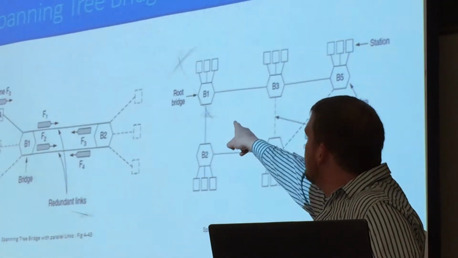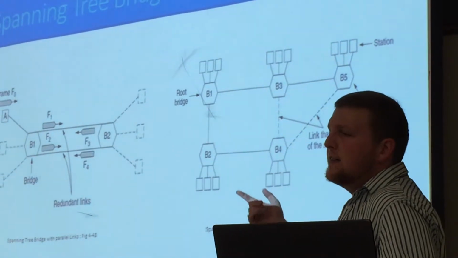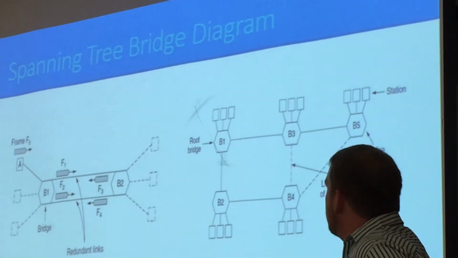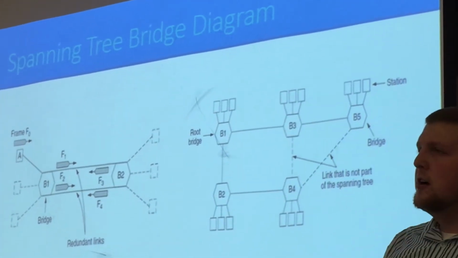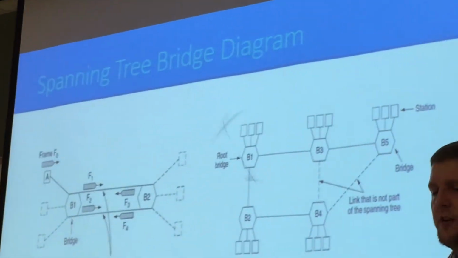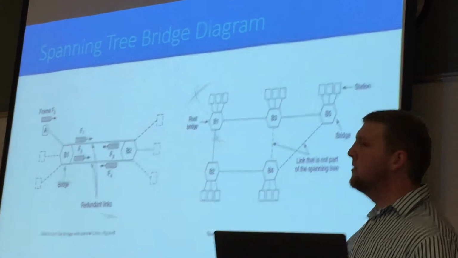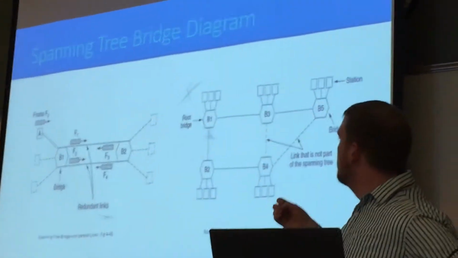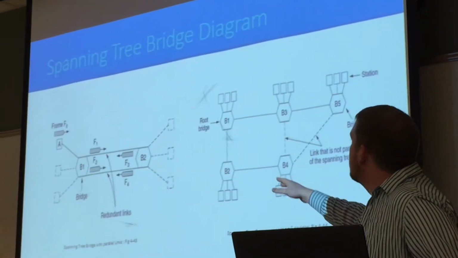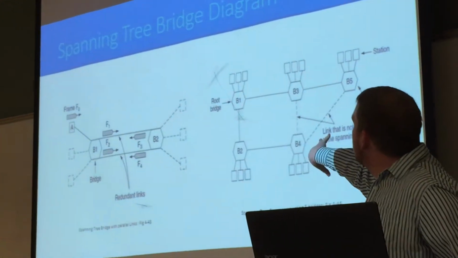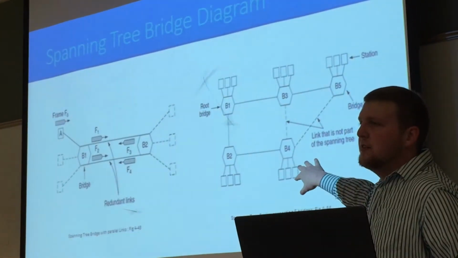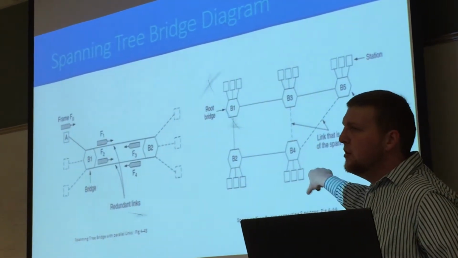So it picks a root bridge, which in this one is B1, and it decides that by broadcasting a message every once in a while, and inside that message there's an identification number embedded in it, and the lowest identification number is based on a MAC address, so it's unique to each bridge. The lowest one gets selected as the root, and then it creates a spanning tree, which is just the shortest path to each bridge from the root.